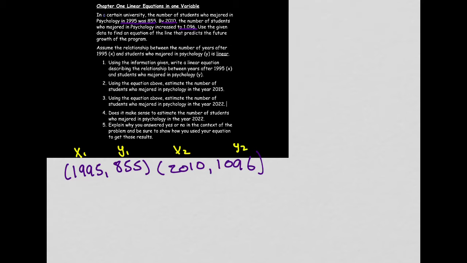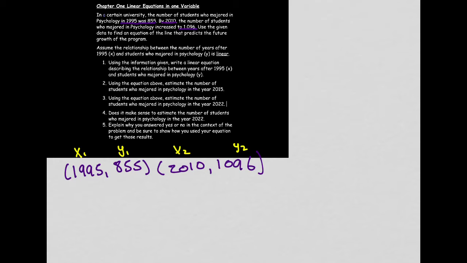This creates 2 points. 1995, 855, and 2010, 1,096. And make sure we know that this is X1, Y1, X2, Y2.